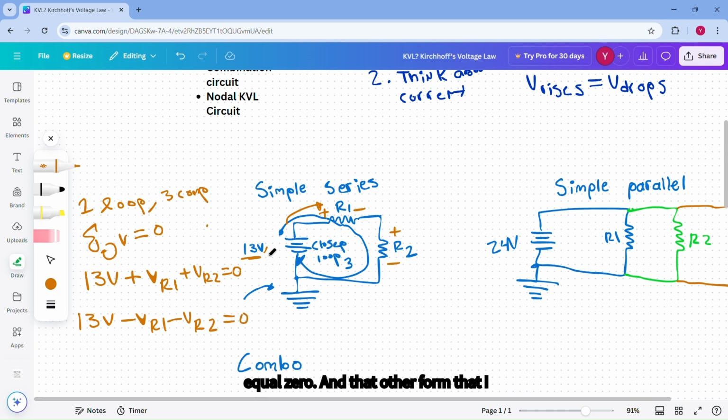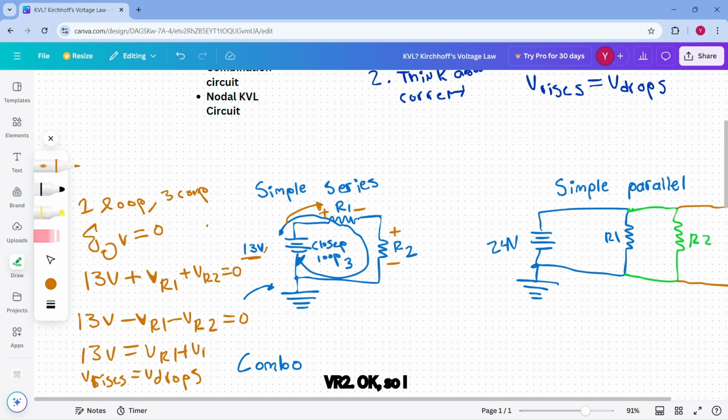And that other form that I had from earlier that also works, I can say 13 volts equals, so this is my source or my rises, so I'm going to say rises equals my voltage drops, plus VR1 plus VR2. Okay, so I talked about my loop, I talked about my components, and I also talked about different forms of getting to this equation. All of that looks good, all of that's great.